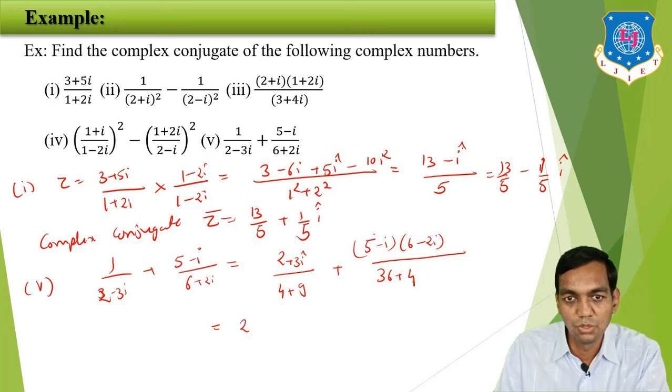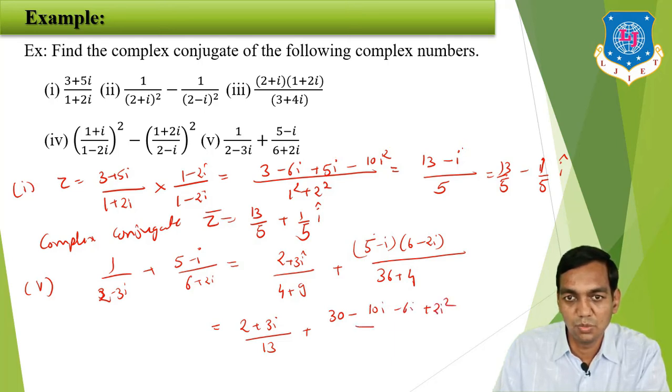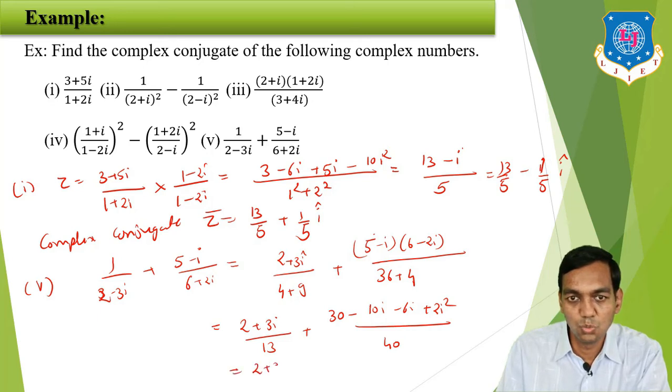And that will give you 2 plus 3i divided by 13, plus 5 sixes are 30 minus 10i minus 6i plus 2i square upon 40. And that will give you 2 plus 3i upon 13, plus 30 minus 2 is 28 minus 16i upon 40. 4 common out and cancel.